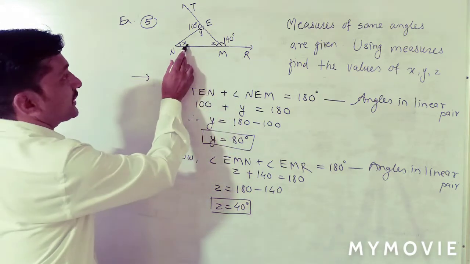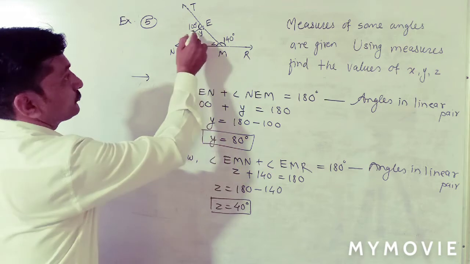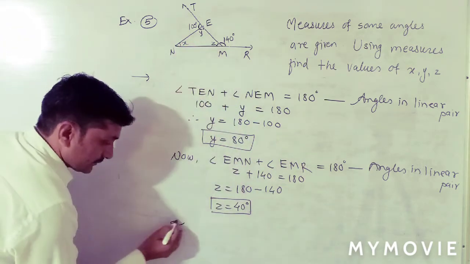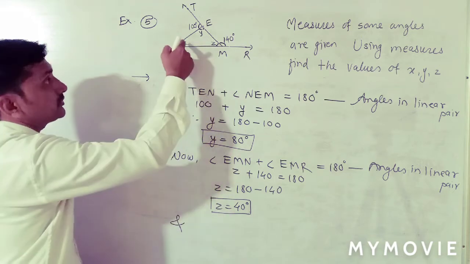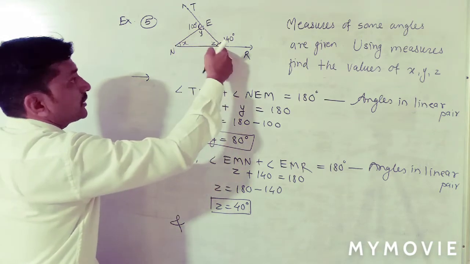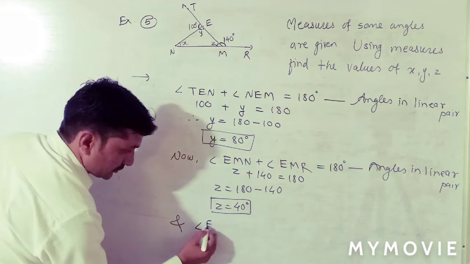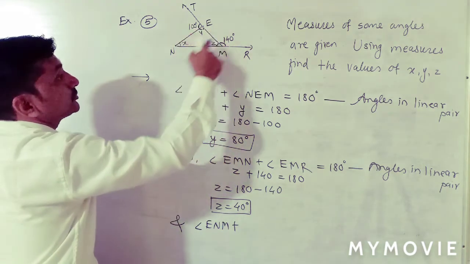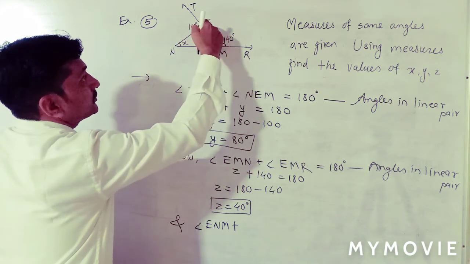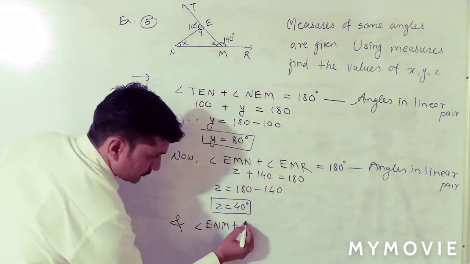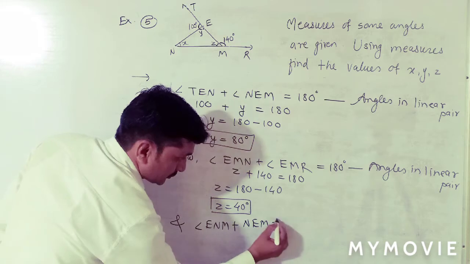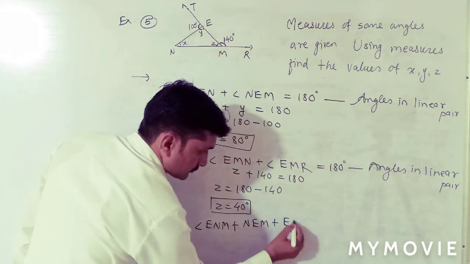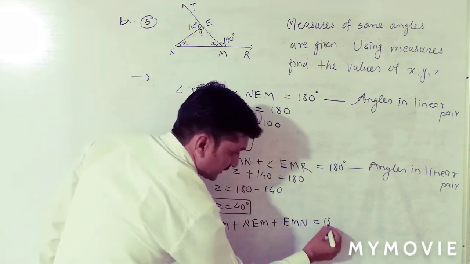Now what is left here? x. And for x we can use the angle sum property of a triangle. And now here angle ENM plus NEM plus EMN is equal to 180.